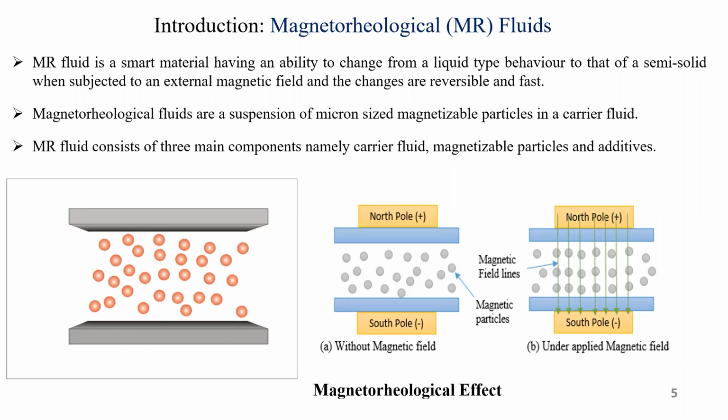The magnetorheological fluids are a suspension of micro-sized magnetizable particles, basically iron particles because they are easy to magnetize, in a carrier fluid, which is usually silicon oil. But we have done carrier fluids with many different types of oils at NIT, which I will explain in later slides.